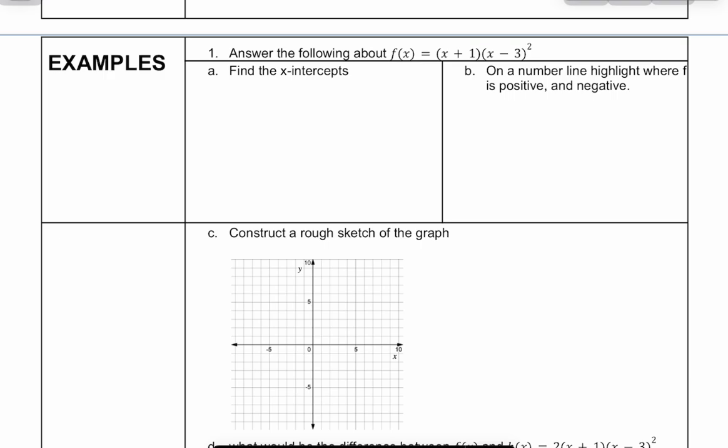So it says we have this function, x plus 1 times x minus 3 squared. Now, I want to prove to you that that's a polynomial. Just a second, I need to multiply it out. I didn't do that ahead of time. I should have, but I didn't think about it. If we were to multiply it out, it will look more like a polynomial.